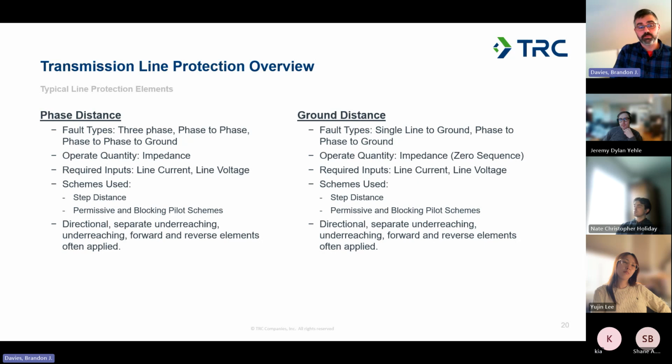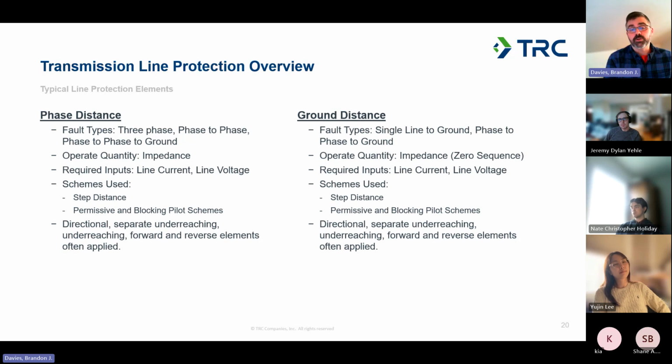And as I mentioned, as you move the fault down the line, the impedance between the terminal and the fault changes based on a proportion of the line impedance. So you set distance elements based on the line impedance. And it might be something like you're going to set one of your elements to look 80% of the way down the transmission line impedance, and that would be the reach of how far it would look.